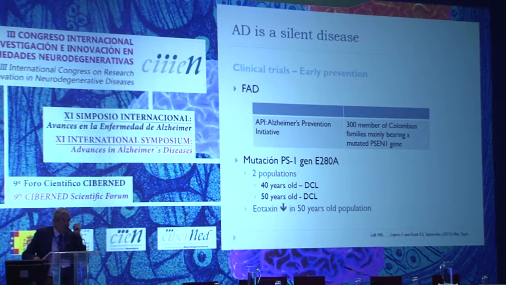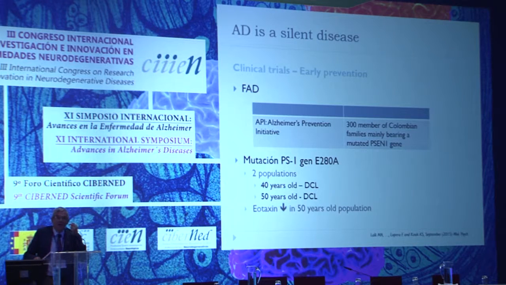But not only that, they know that with this mutation in one gene, presenilin 1, a specific one that changes a glutamic acid to an alanine, the appearance of the disease is at 44 years plus or minus 2. We know even that.